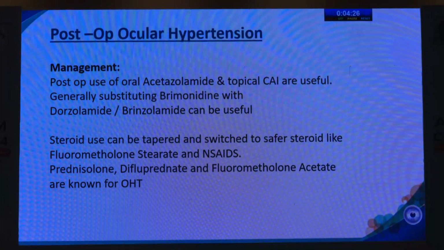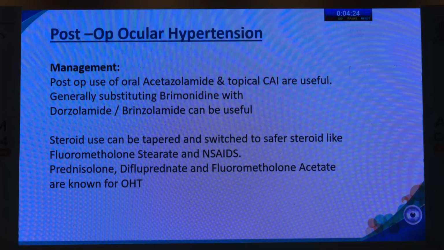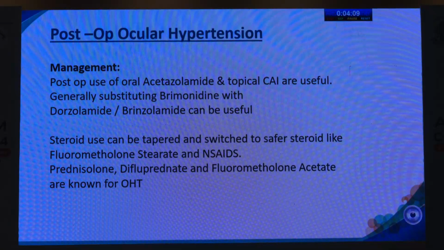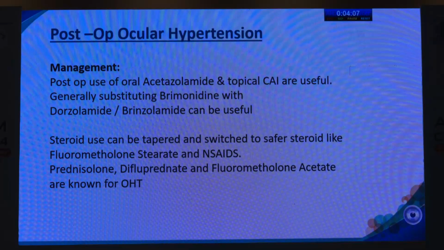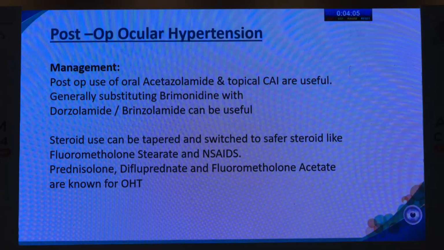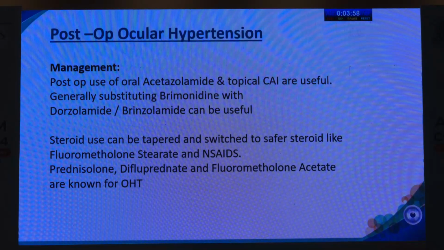This is my practical experience: brimonidine is known to be more prone to precipitate allergy and increased inflammation compared to brinzolamide and dorzolamide carbonic anhydrase inhibitors. Steroid use can also be tapered and switched to a safer steroid like fluorometholone. I use fluorometholone or NSAIDs and stop prednisolone acetate in cases of steroid induction or post-operative ocular hypertension.